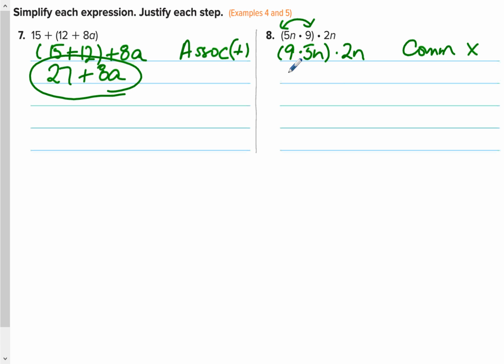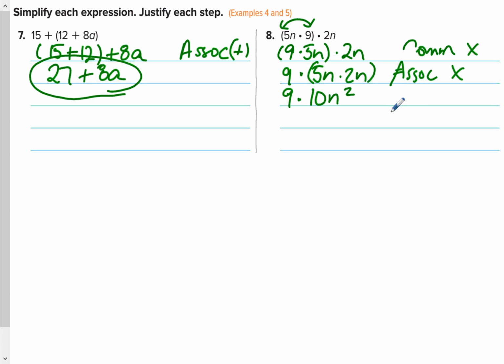And then the next thing I'm going to do is I'm going to say, hey, let me multiply my 5n and my 2n first. And again, that's the associative property of multiplication. And then now I can simplify whatever I need to simplify. 5n times 2n, that equals 10n squared.